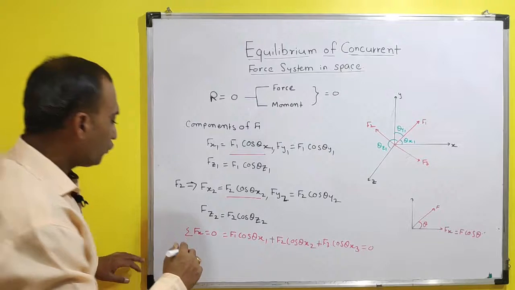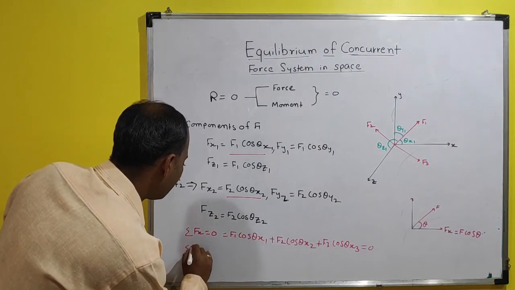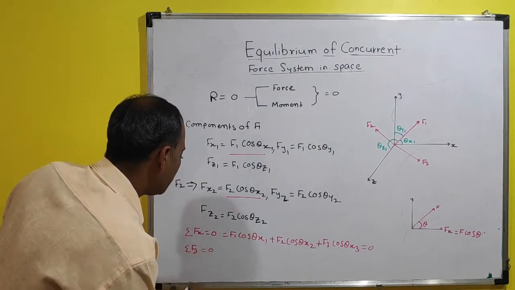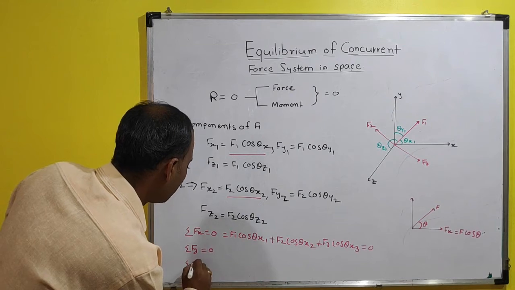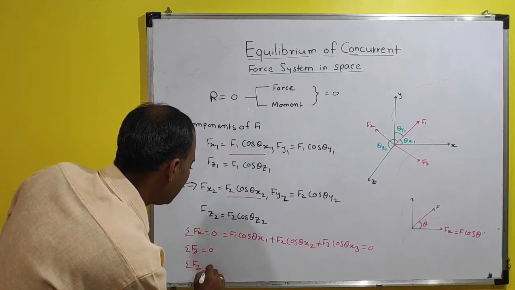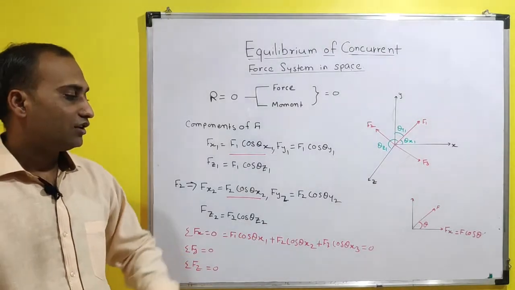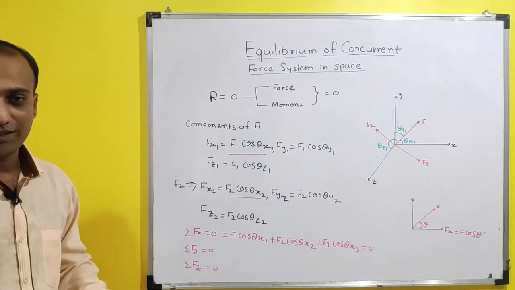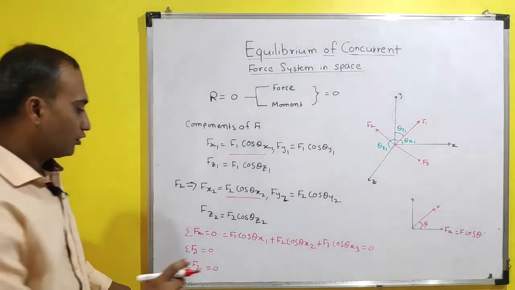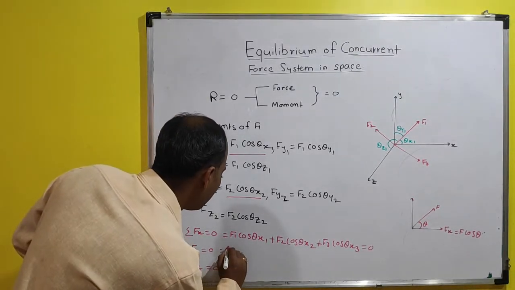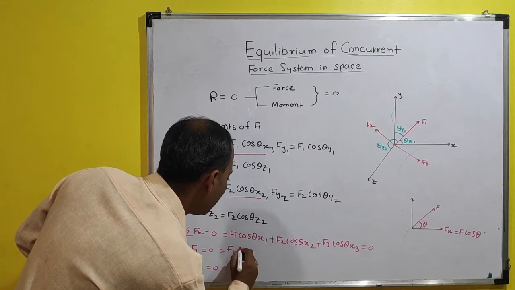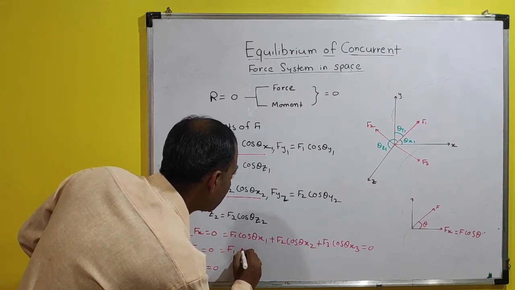So similarly we can do it for summation Fy is equal to 0 and summation of Fz is equal to 0, where we have to consider the components of the forces in each direction. So here let's write for summation Fy.